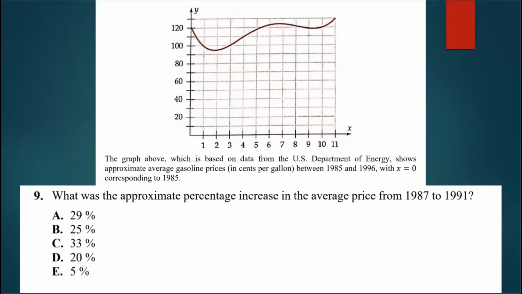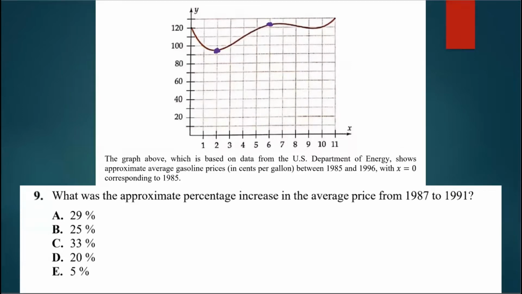On the same drawing, there is another question. What was the approximate percentage increase in the average price from 87 to 91? Again, 87 is here, 2 years after 85, and 91 is 5 years before 11, so it will be at 6, I think.